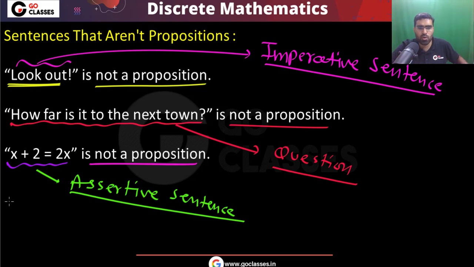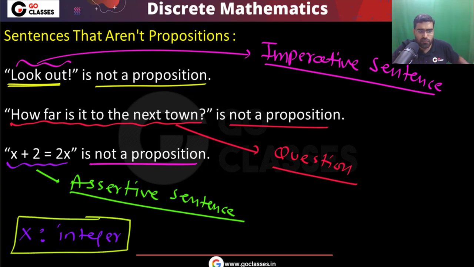Why? Because it depends on the value of x. Whether this equation, this sentence, is true or false will depend on x. x is free here. You can put x equal to 2, x equal to 3, x equal to 4, x equal to 5.